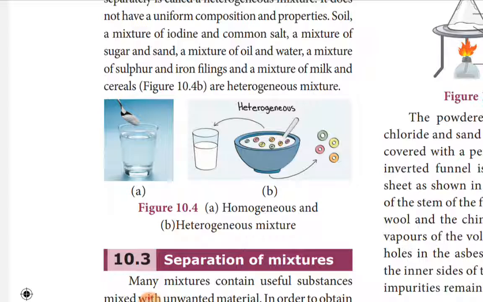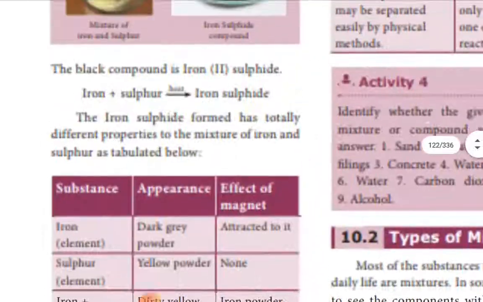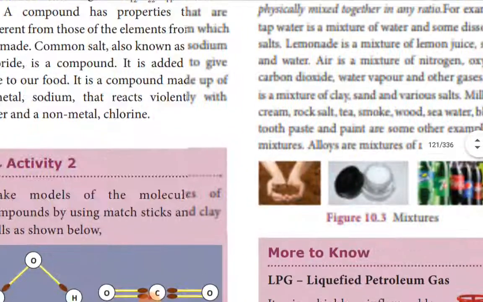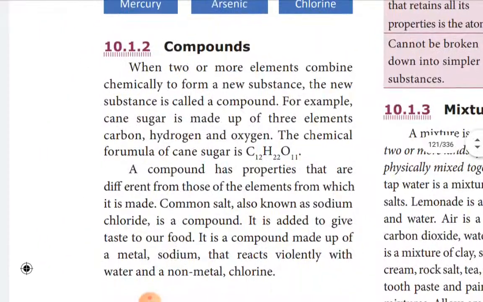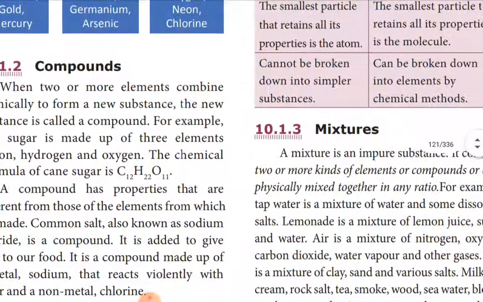Let us see the topics we have learned now. Compound is nothing but the combination of two or more elements to give a new substance. Examples: cane sugar, sodium chloride.